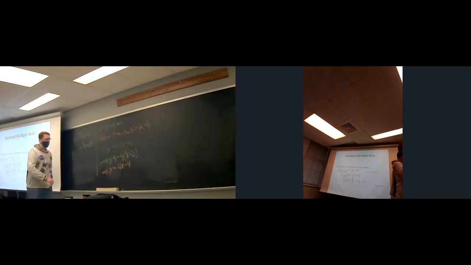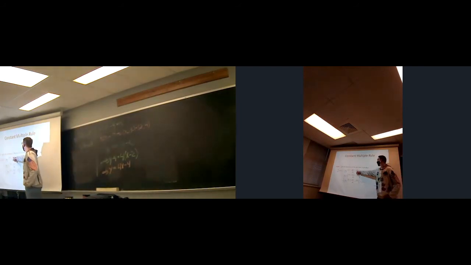Okay, so to find the derivative of c times the function, we're going to have c times the function evaluated at x plus delta x minus c times f of x, divided by delta x. Then we're going to say, hey, we can factor out this c.